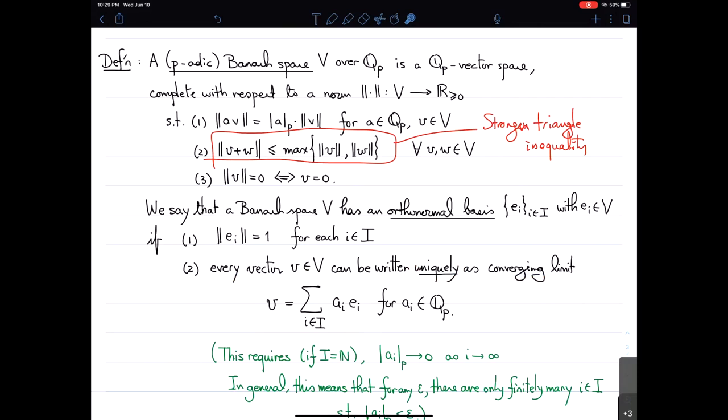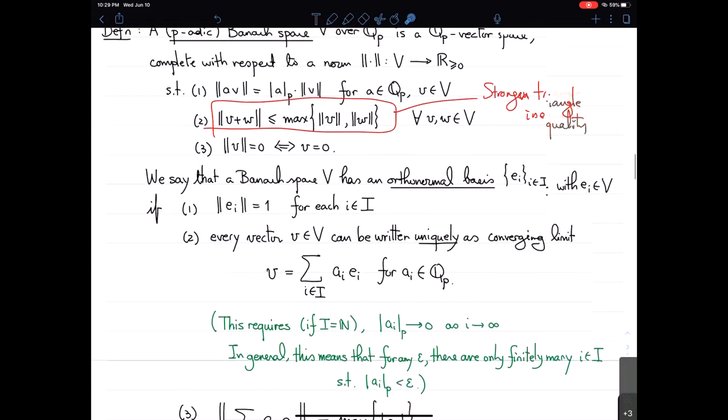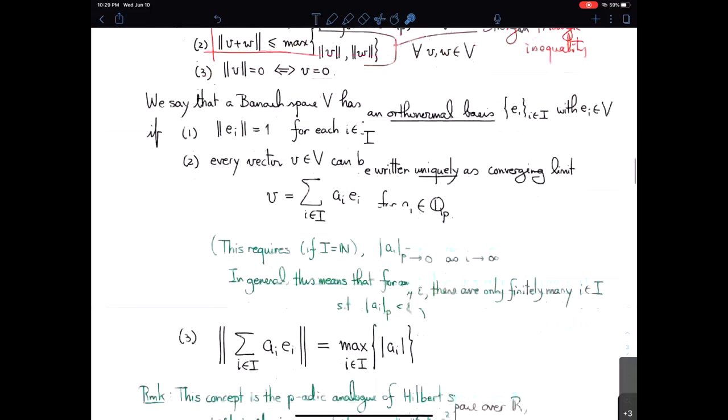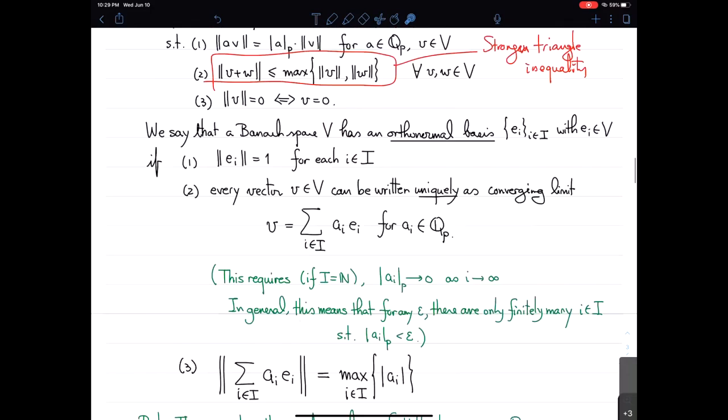But your basis can have infinitely many elements, so you should write an infinite formal sum like this, where the coefficients belong to Qp. But of course, you want your infinite formal sum to be convergent in some reasonable way. So for example, if I is indexed by the natural numbers, what we want is that the norm of these coefficients goes to 0 as the integer goes to infinity.